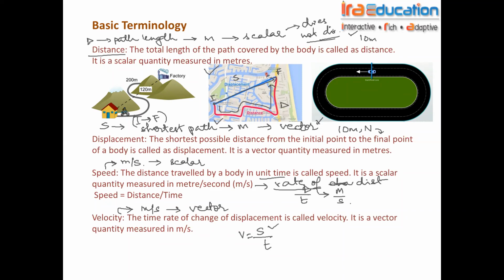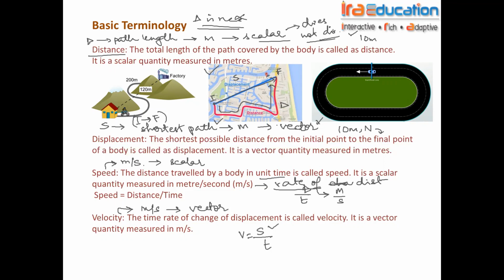Now remember one thing, guys, any quantity which is vector in nature can be negative also. Any quantity which is scalar in nature cannot be negative. So we'll say, which of the following statements is true? Distance is negative in nature? It means distance can never be negative because it is scalar, whereas displacement can be negative. Make a note of it.